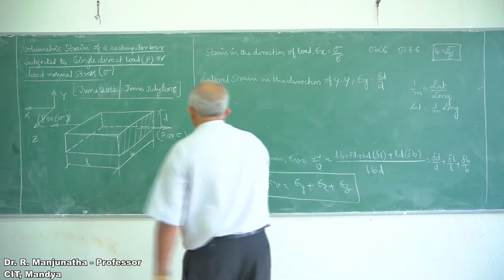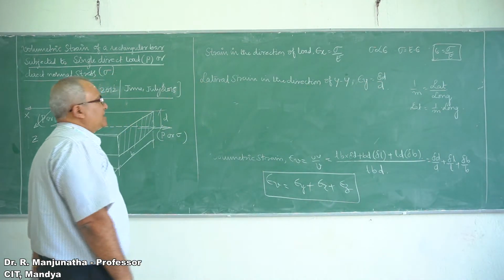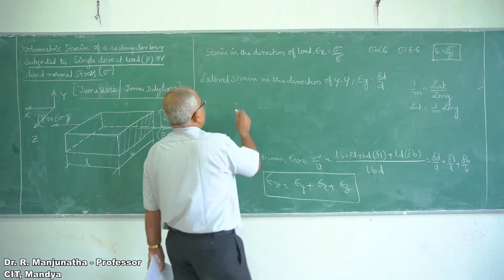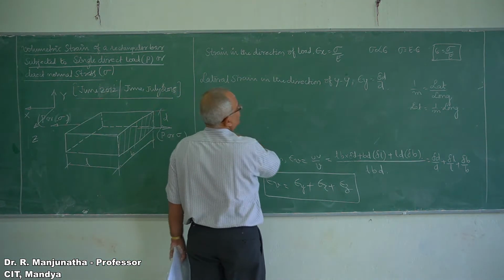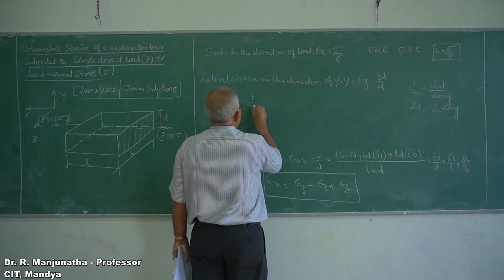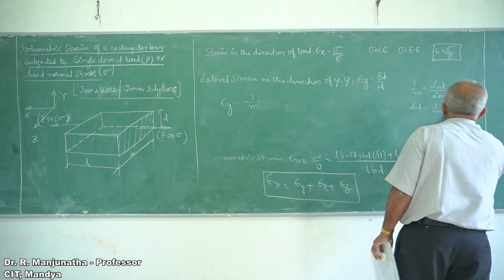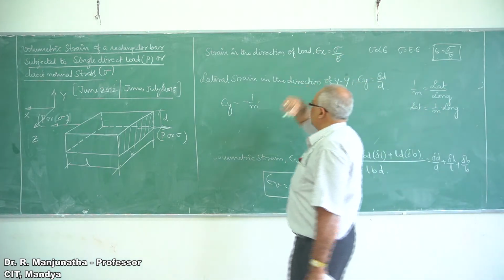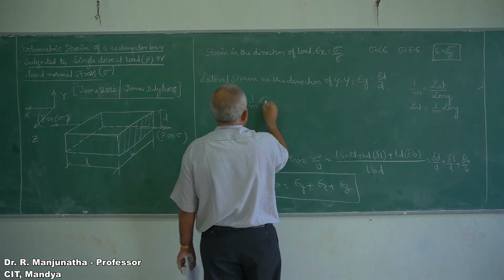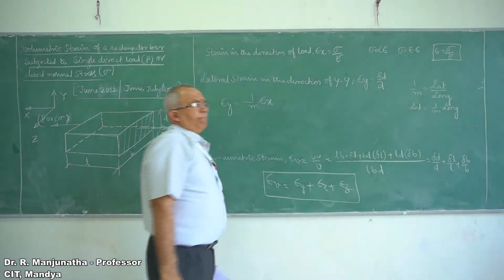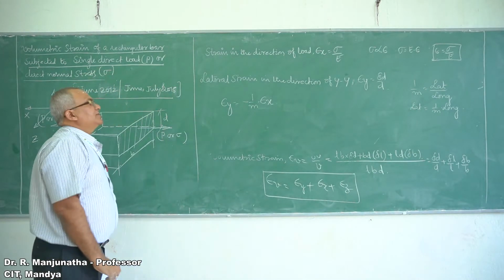It is decreasing, depth or thickness. So naturally epsilon y will be equal to minus 1 by m into the longitudinal strain. What is the longitudinal strain? The longitudinal strain is nothing but epsilon x. So minus 1 by m into epsilon x.